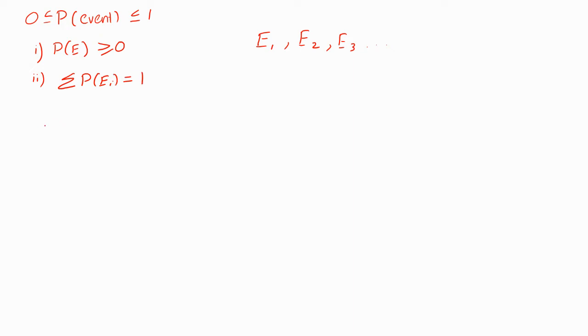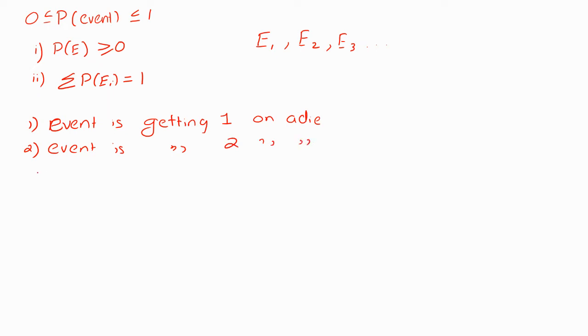I'll just explain this. Suppose the first event is getting 1 on a die, the second event is getting 2 on a die, the third event is getting 3 on a die, and the fourth event is getting a number greater than or equal to 4 on a die.